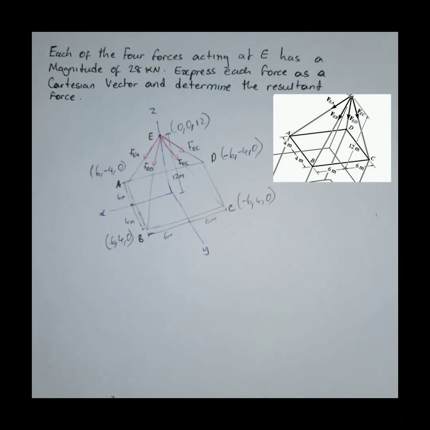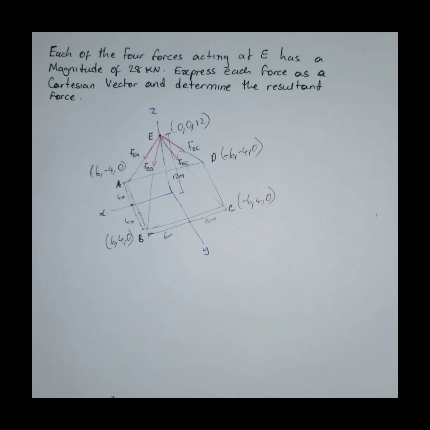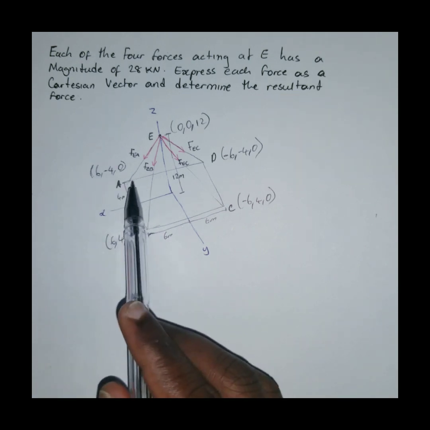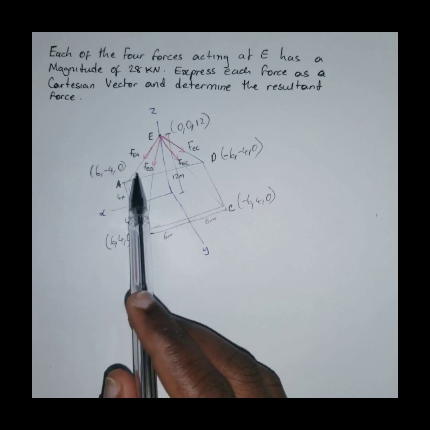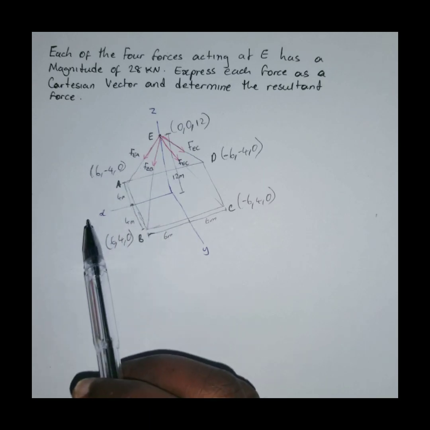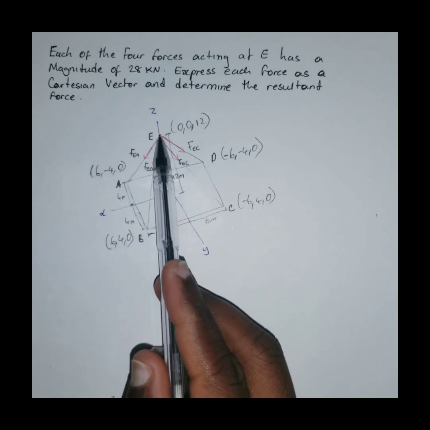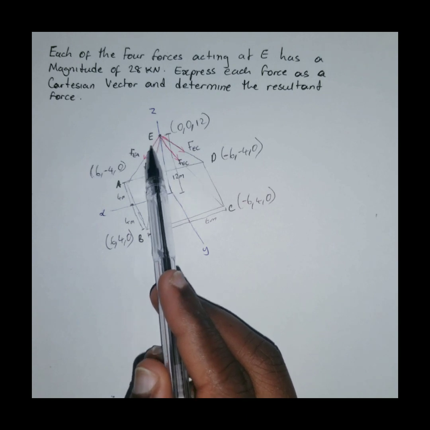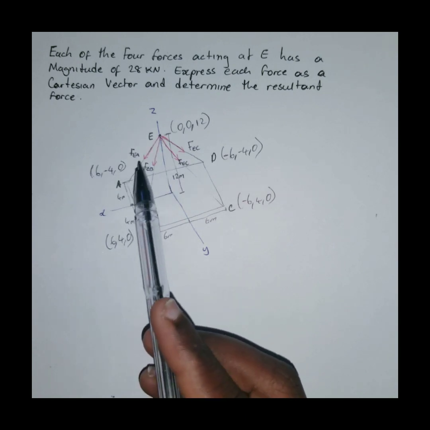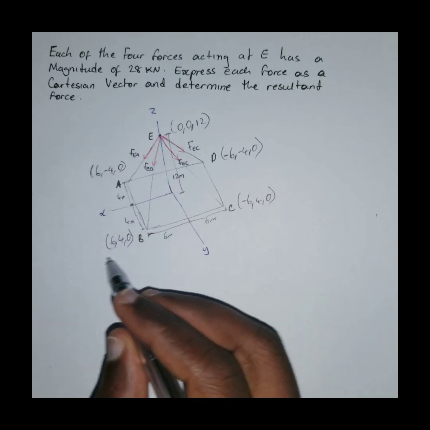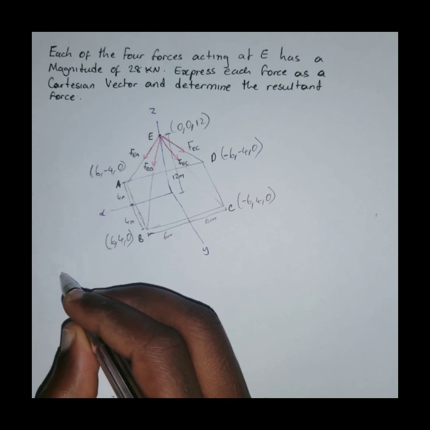Okay, those are coordinates. So let's try to express the force FEA in Cartesian vector form. What we're going to need is the unit vector of the position vector along the line AE. And how do we do that?